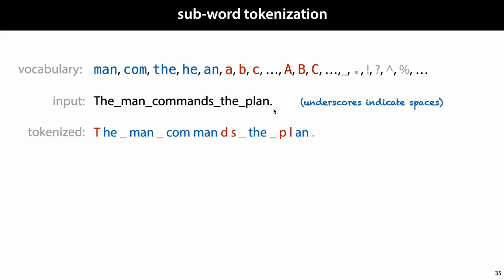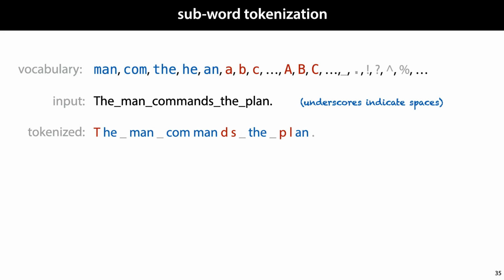For plan, the whole word is not in the vocabulary, so we are forced to represent it in 3 tokens: the letter P, the letter L, and the multi-character token an. With this approach, we have the best of both worlds. We can create a vocabulary with as many subword chunks as we can handle computationally. A common amount is about 50,000 to 100,000, which means that we can have as many common words in the vocabulary as single tokens.